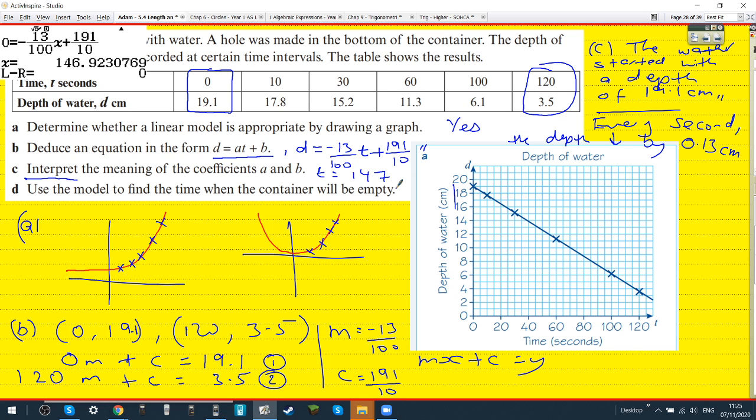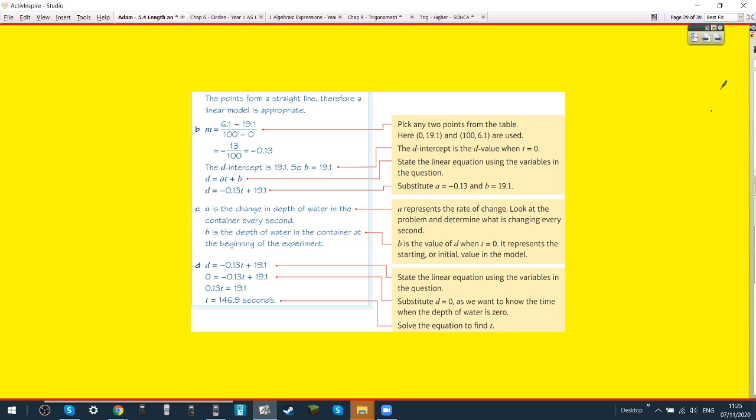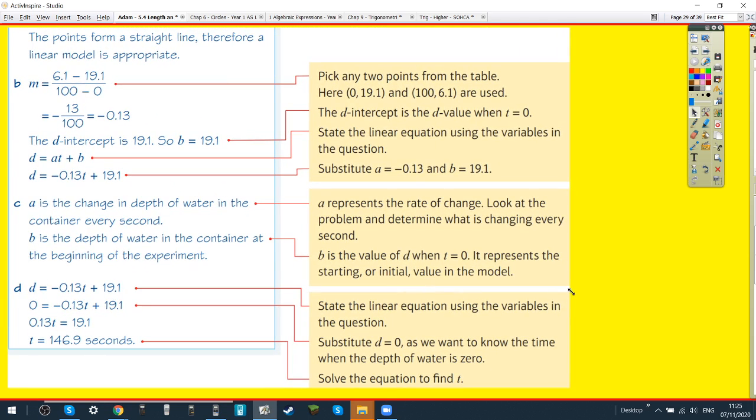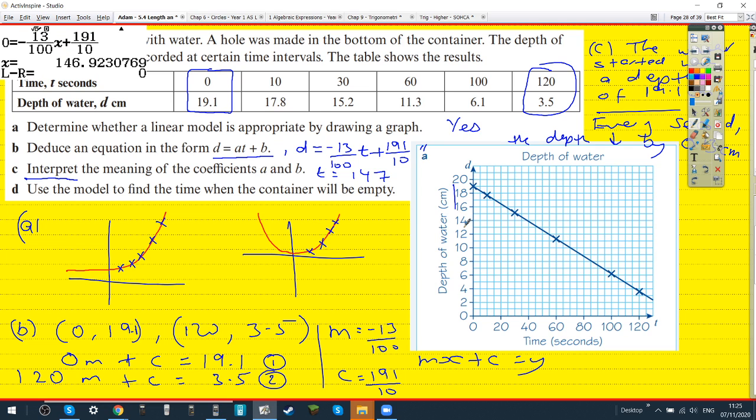So I'm just short on space. But yeah. So now all this stuff that we've been doing, gradient of straight line, all that, we're now putting it in a real world context. So yeah. This is what everyone says they want. Maths for real world. Nobody really wants it. So you fill a tank up with water. You put a hole in the bottom.